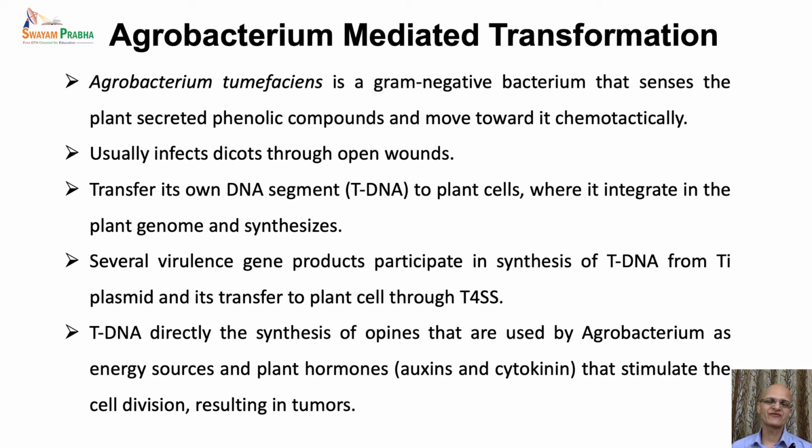The expression of the genes from the tDNA results in the synthesis of the opines that are used by the agrobacteria as the energy source, and the plant hormones, that is, the auxins and cytokinins, which result in the uncontrolled cell division leading to the tumorous growth.